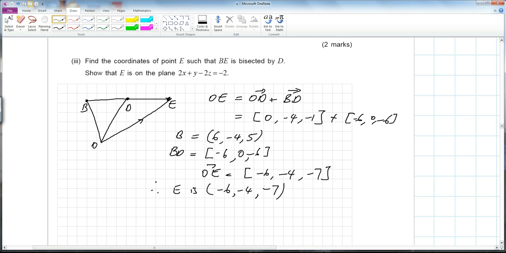We finally want to show that E is on the plane 2x plus y, take 2z equals minus 2.